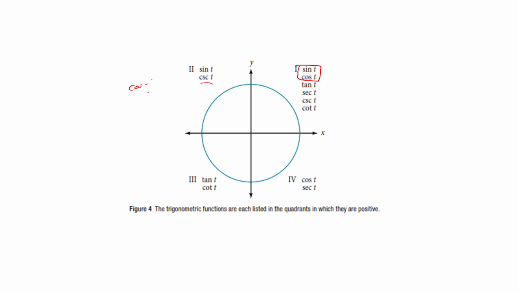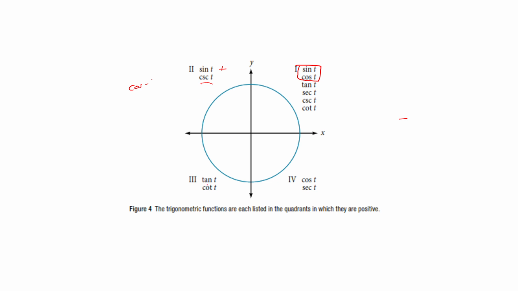Anything built on both sine and cosine is going to have one positive and one negative and become negative. So tangent is built on both of them, cotangent is built on both of them, and then lastly, secant is based on cosine. So if cosine's negative, secant must be.